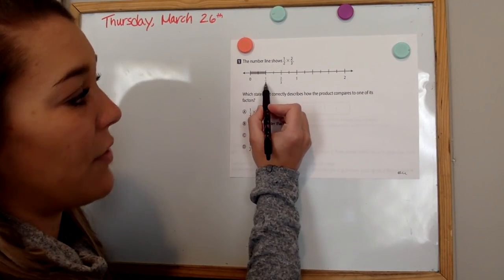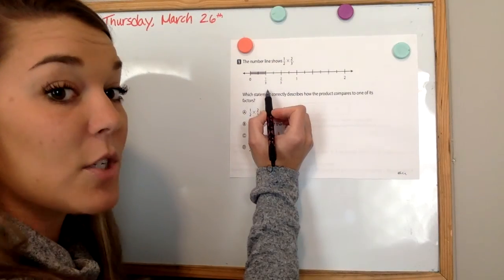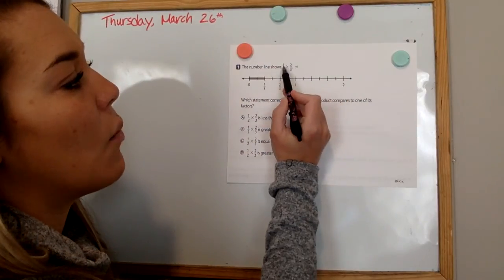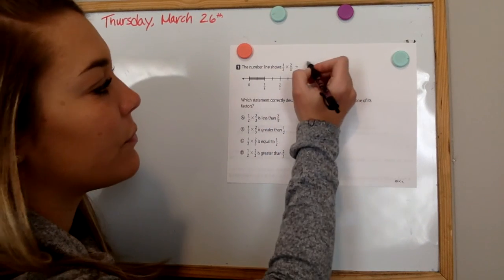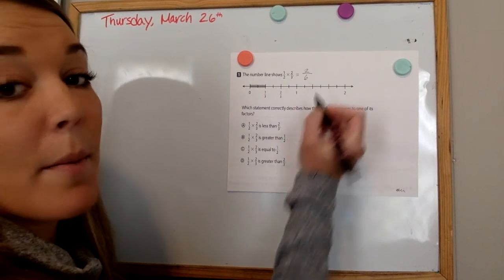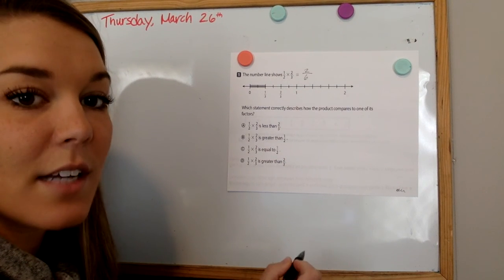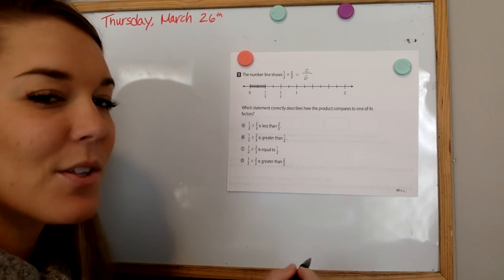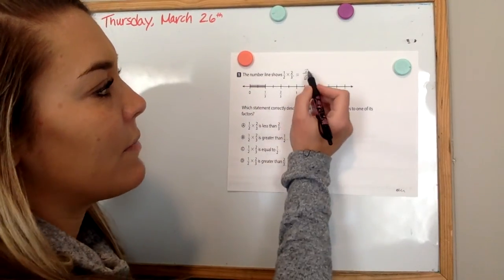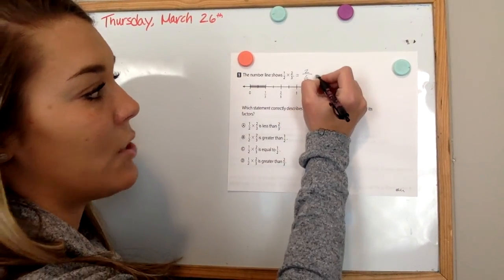I want to make sure that they say it's 1/3. Let's double check and make sure that's correct. When I multiply, 1 times 2 is 2, and 2 times 3 is 6. So my product is 2/6. I notice those are both even numbers, so I can simplify. I know 2 can go into 2 and 2 can go into 6.